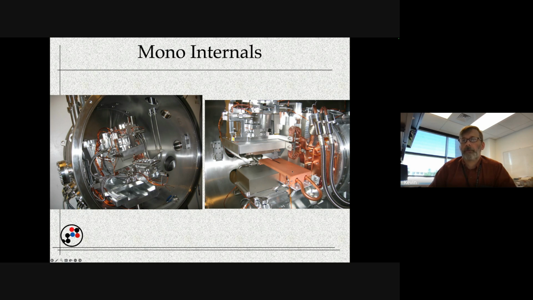You can see this copper-colored shield, and there's a little slot cut out on it. The X-rays will go into this slot, hit the first crystal underneath this shield, and then come up and hit this crystal. This square-shaped thing is the second crystal.